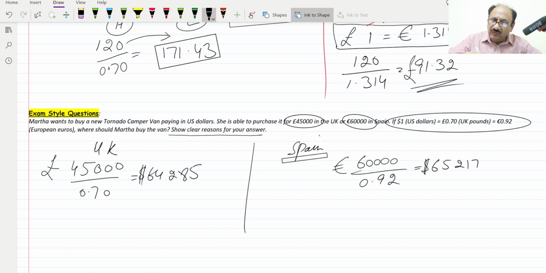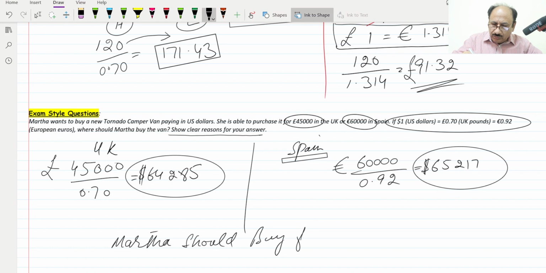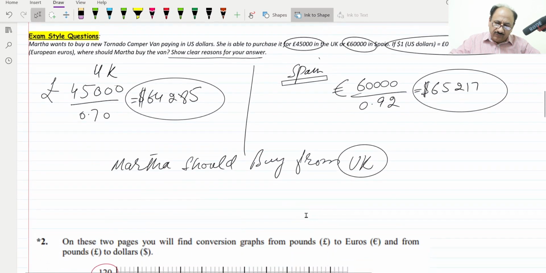So we have converted both amounts in dollars, and here we can see this is lesser than this amount, so we can say that Martha should buy from UK. So this is what we have identified from here.